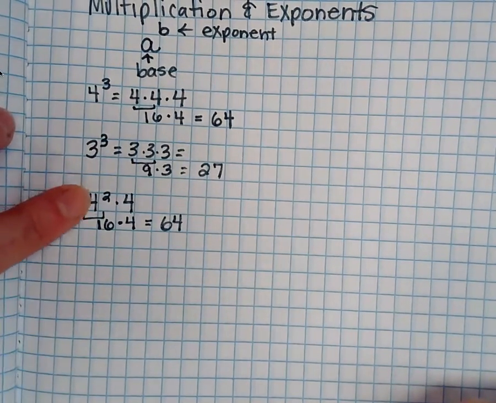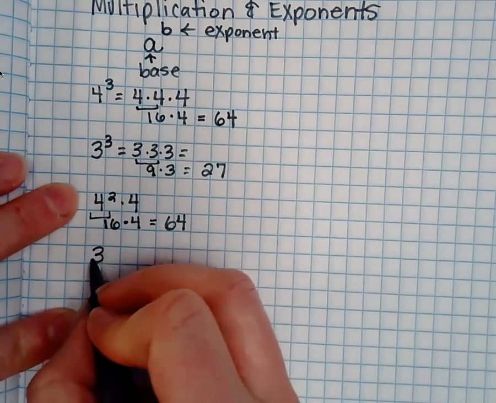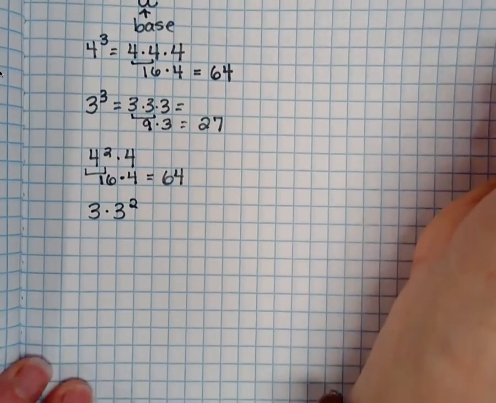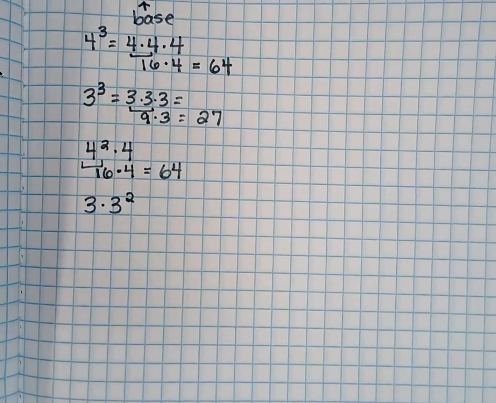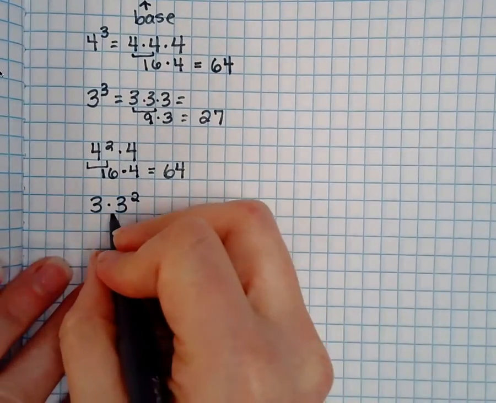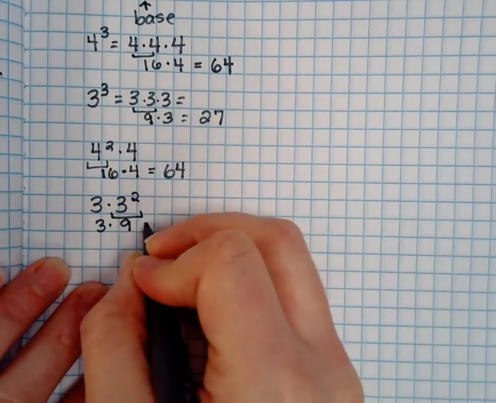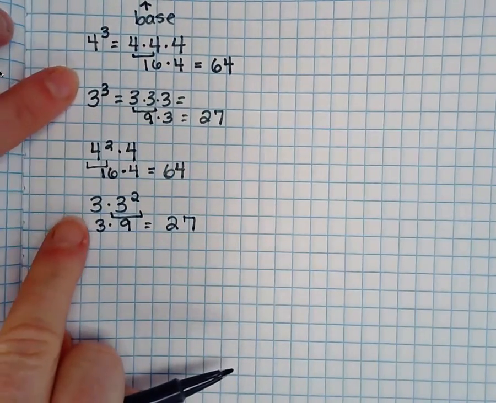So 4 squared times 4 is actually the same as 4 cubed. Okay, what about 3 times 3 squared? Following our order of operations, right? What would we do first? Yep. So it'd be 9. 3 times 9 is 27. These are the same too.